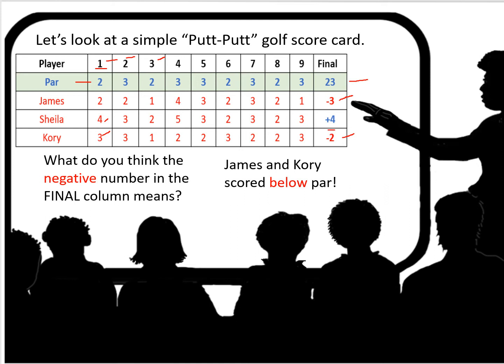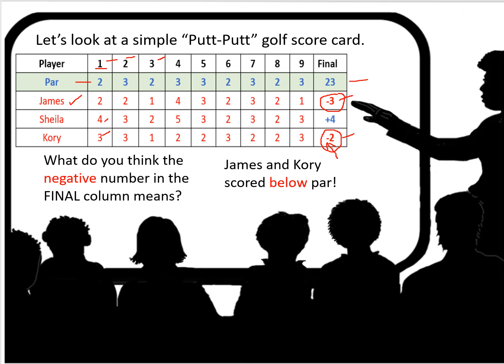So these negative numbers right here are actually really good. Who has the best overall score of all? Well, that would be James, because he is the greatest number under par. Remember now, the negative means under or below.